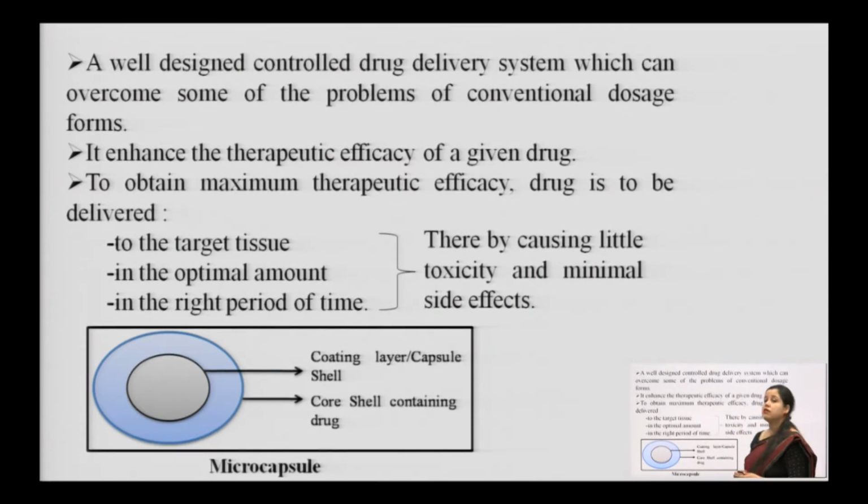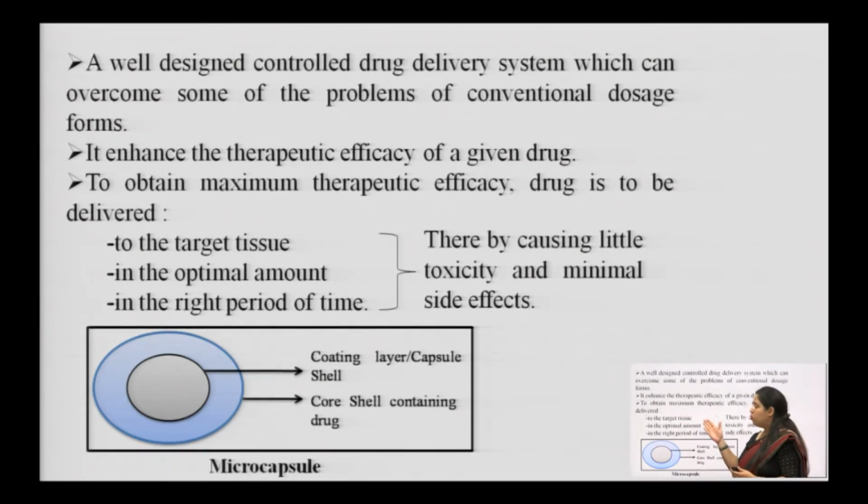It enhances the therapeutic effect of a drug candidate. To obtain maximum therapeutic efficacy, the drug is to be delivered through any route of administration to target the tissue in the optimal amount at the right period of time. These three parameters lead to little toxicity and minimum side effects.